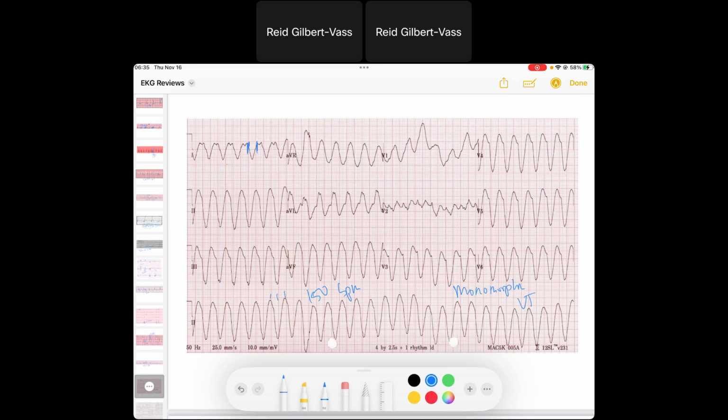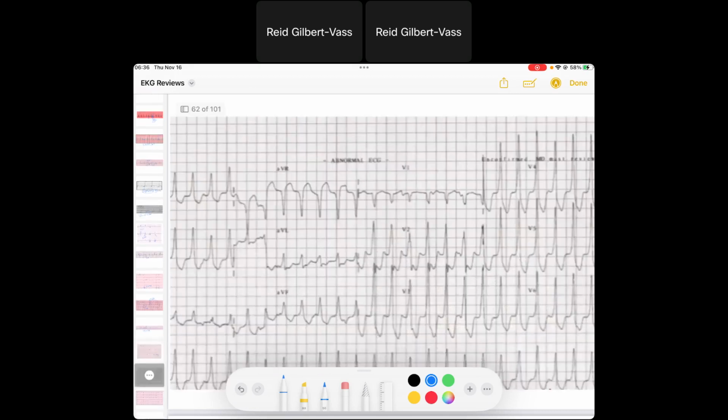And we know that ventricular tachycardias are going to be wide complex because they're coming from a focus in the ventricle. Whenever it beats and that depolarization spreads throughout the ventricle, it's not going to take the normal His-Purkinje system. So it's going to take longer for that QRS to occur, and it's going to be wide complex.